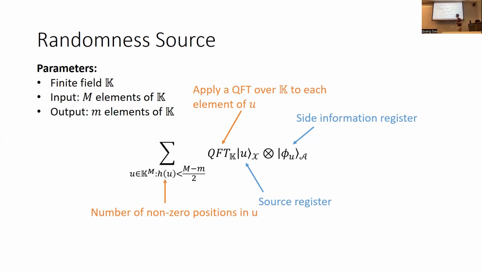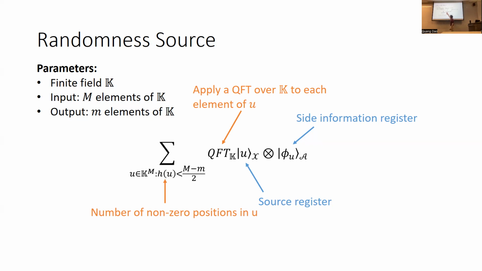The requirement that we're going to place on the source of entropy is it should be in superposition over essentially almost Fourier basis vectors.